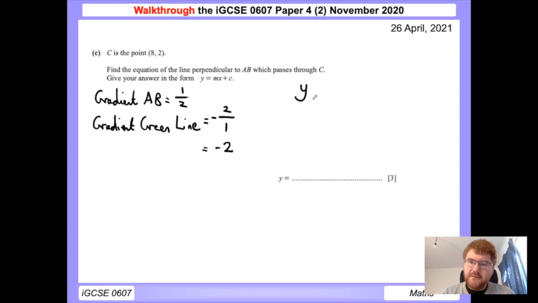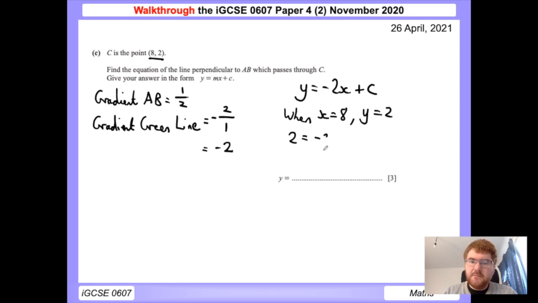At this point, we do this very similar to how we did the previous question. We write it in general form, y equals mx plus c, y equals minus 2x plus c. And at this point, we substitute this coordinate in because we know it's on the line. So when x is equal to 8, y is equal to 2. Let's pop that in.